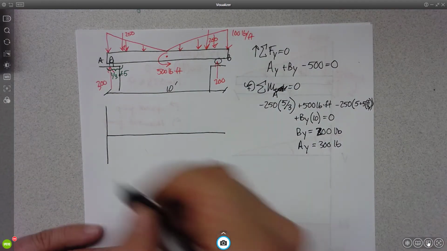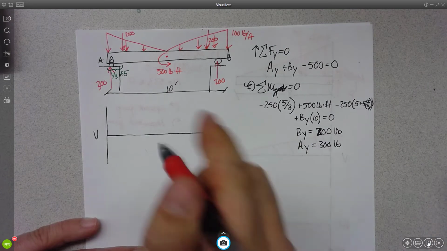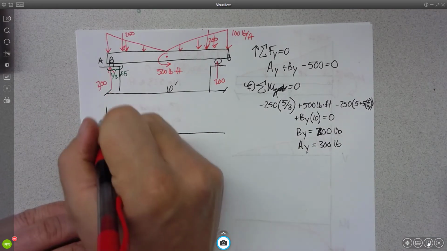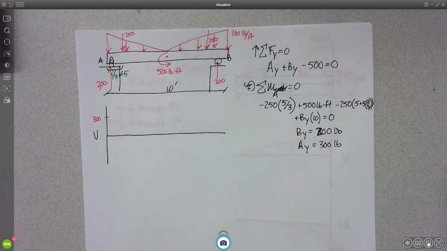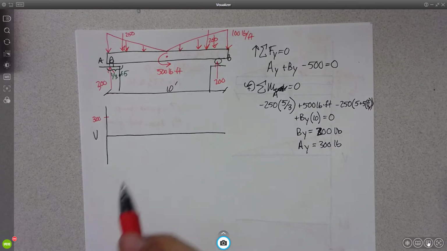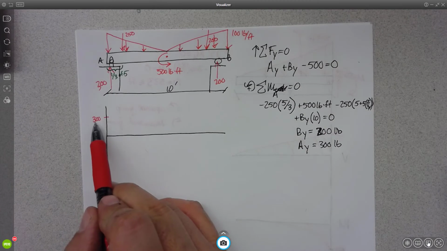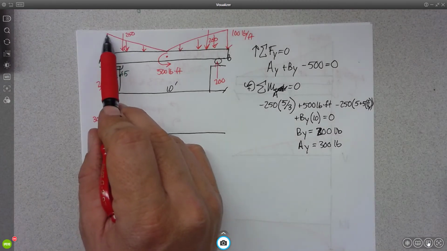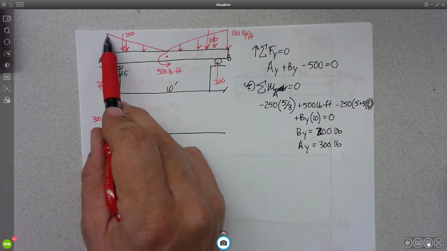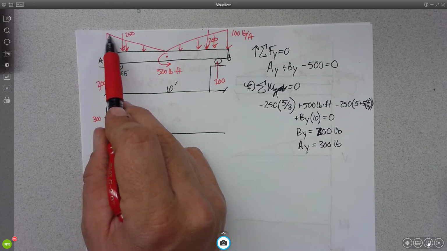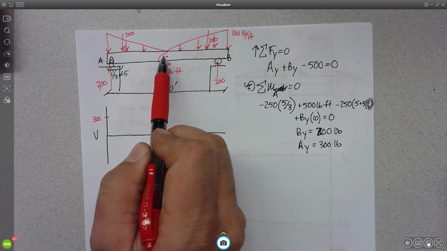Okay, so let's go ahead and for shear, we know we jump up 300. So I'm at 300. I have a negative slope that's decreasingly negative, right?